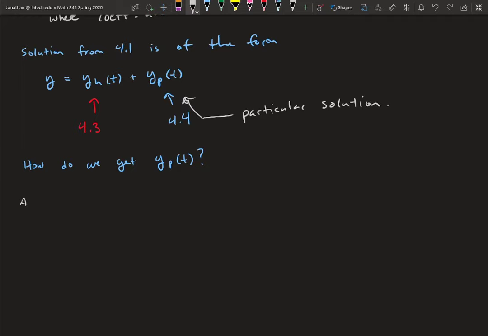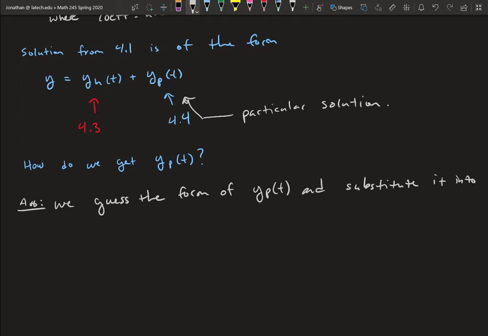So we guess the form of y sub p of t and substitute it into the differential equation and solve for the coefficients of yp. So that's going to be our general way that we find the particular solution yp.